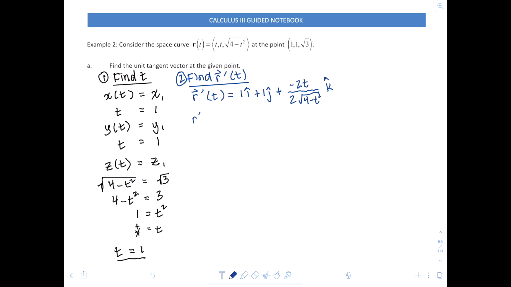So cleaning that up, r prime at t will be i plus j minus t over the square root of 4 minus t squared times k.